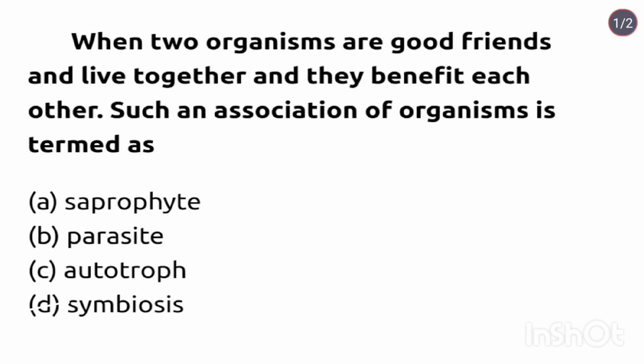When two organisms are good friends and live together and they benefit each other, such an association of organisms is termed as symbiosis. When two organisms, such as fungus and algae, live as one and also help each other to survive, then this association is termed as symbiosis.